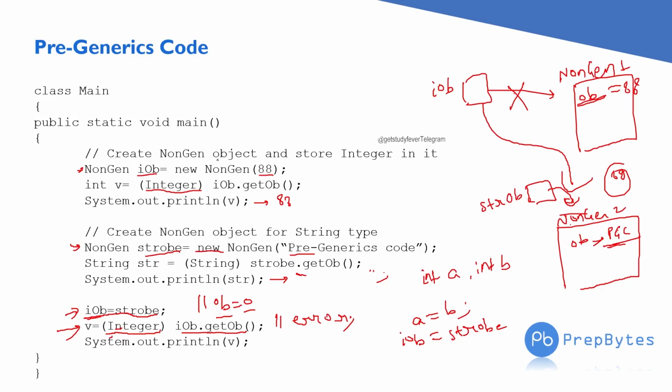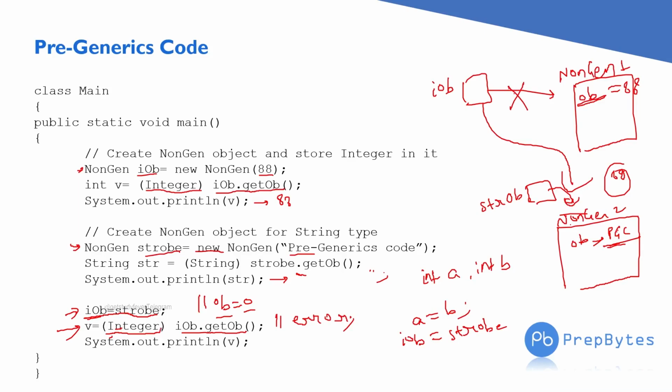So when I retrieve this iOb.getOb, I do not know the type of data. I can only assume. Because 88 was used, that is an integer, I used an integer. But when this line is executed, it is compiled correctly. Its reference changed from new gen1 to new gen2, and now we have a string in it. Therefore we have an error.